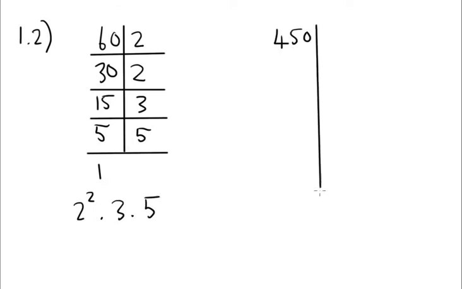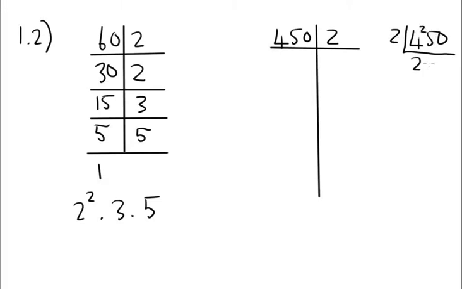Now we come to 450. It seems like a bit of a bigger number. So 450 divided by 2. Once again, if you're not sure, you can just do your short division. There's nothing left over there, sorry about that, guys.